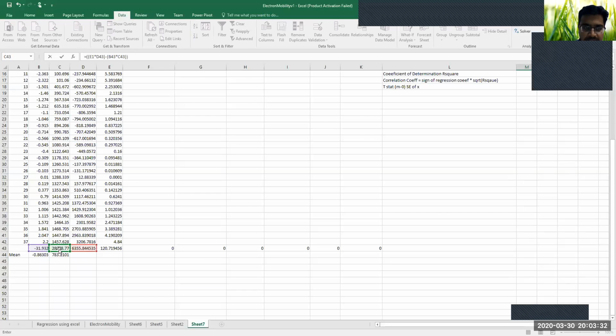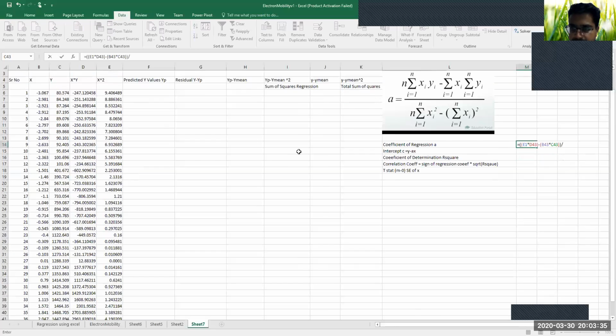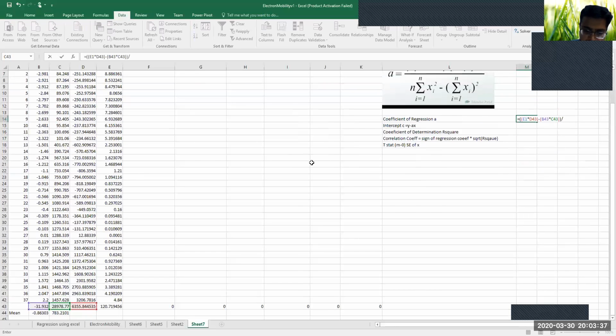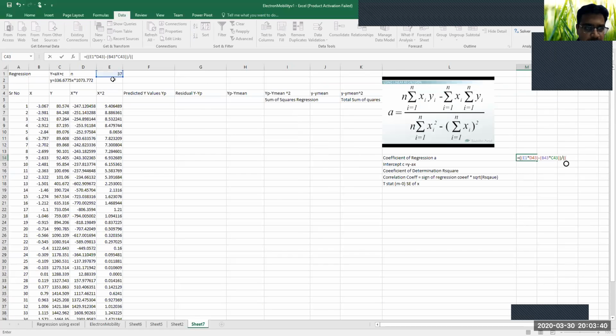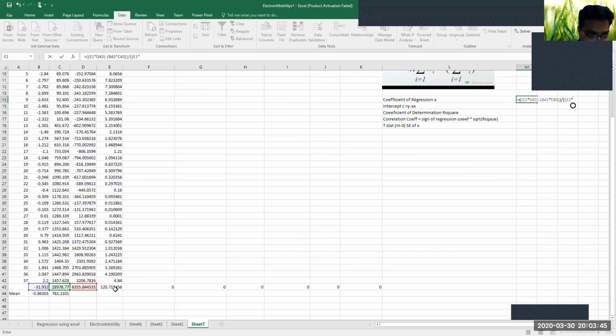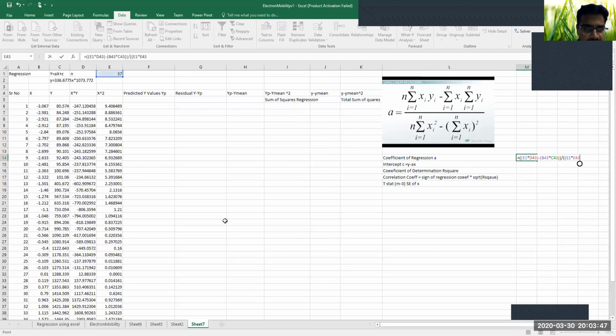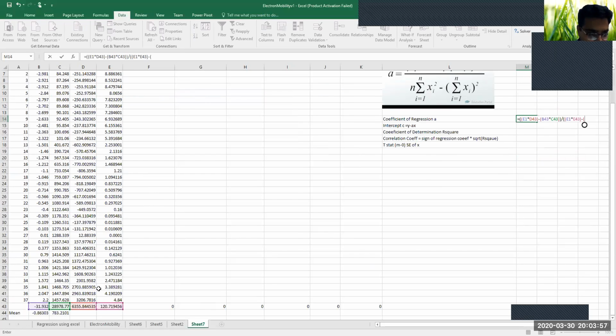This completes the numerator, divided by n into summation of x square, minus the square of summation of x. We get a value.